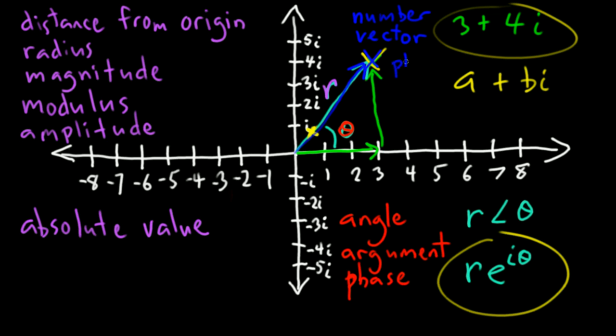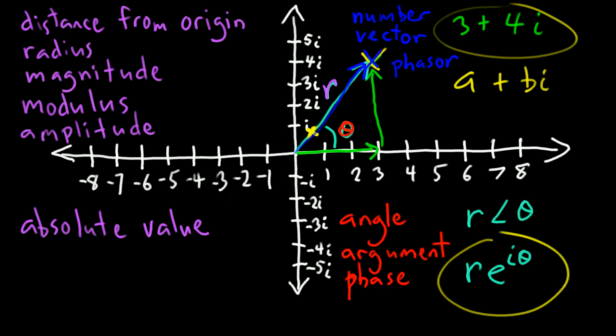Sometimes people call it a phasor, although most of the time when they use the word phasor, they're talking about a vector that is rotating around the unit circle or rotating around the origin over time. But all of those names can, in some contexts, mean the exact same thing. They can refer to a complex number.